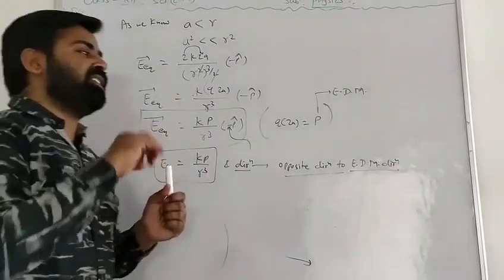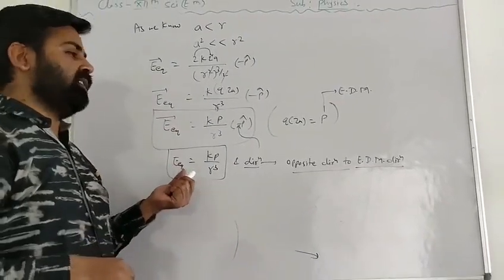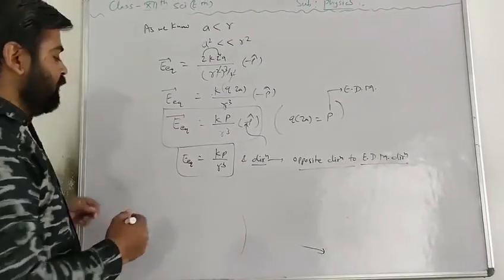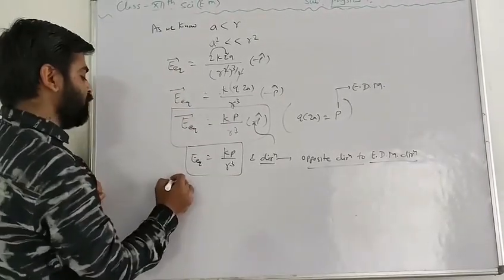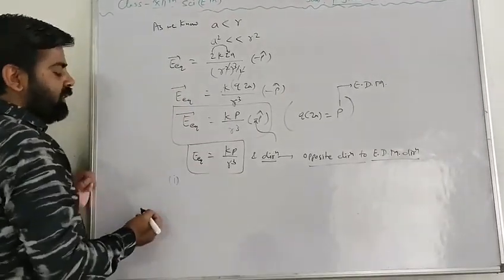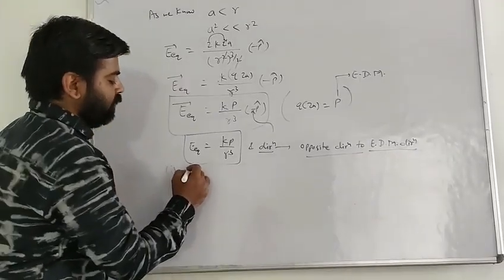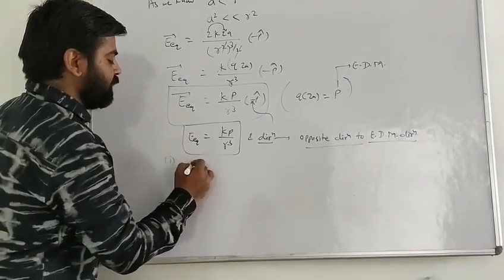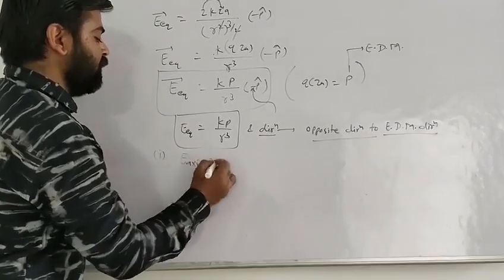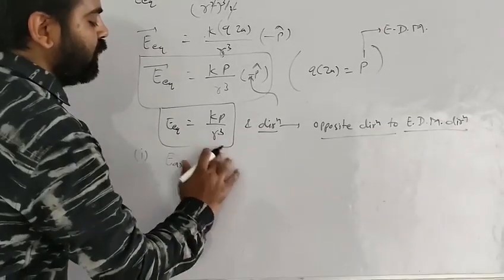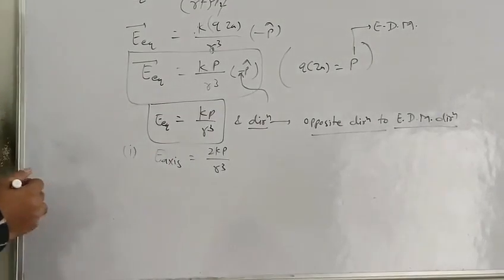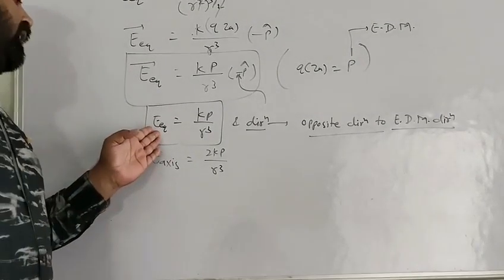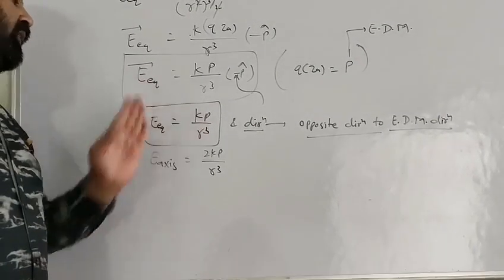Now in the previous class and today's class we conclude some conclusions. First conclusion is: in the previous class the E axis formula is 2kp upon r cube, and in today's class the equatorial electric field formula is kp upon r cube.